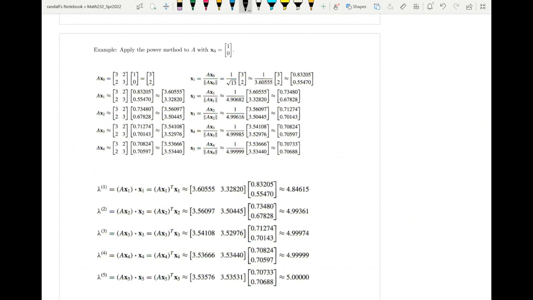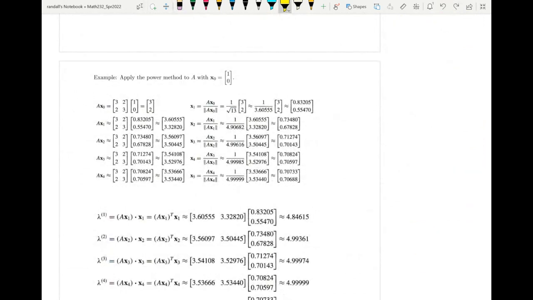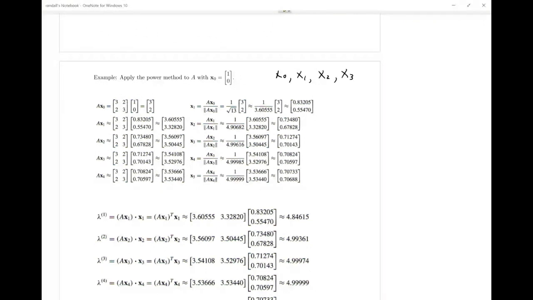So first of all, you're computing A times the various vectors. You start with x0, then you compute x1, x2, x3, and to do that, you're multiplying these vectors by A, and then you're normalizing them.